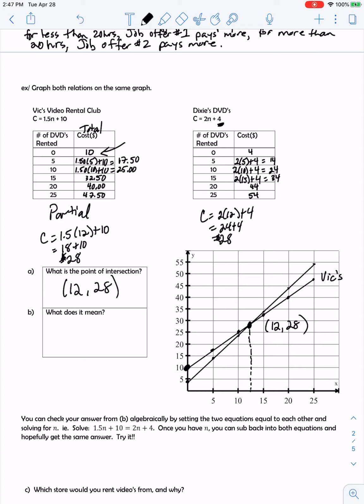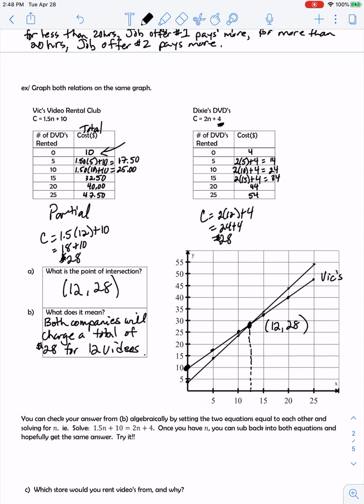And what does that point of intersection mean? It means that both companies will charge a total of $28 for 12 videos.